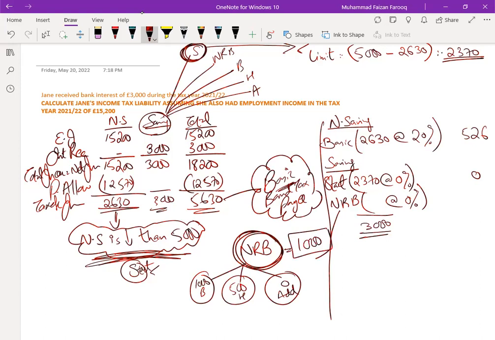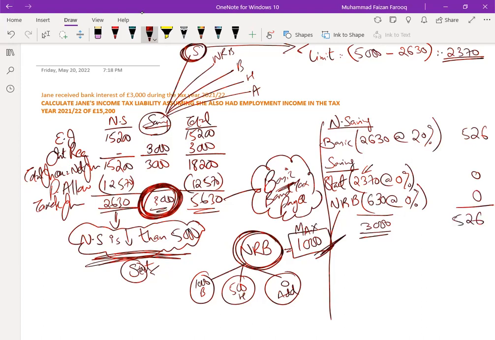Our interest income or taxable savings income is how much in total? 3,000. Out of which how much falls in the start band? 2,370. How much is left for the nil rate band, which has a maximum limit of 1,000? 630. This 630 I will put here, right or wrong? Yes. Why?